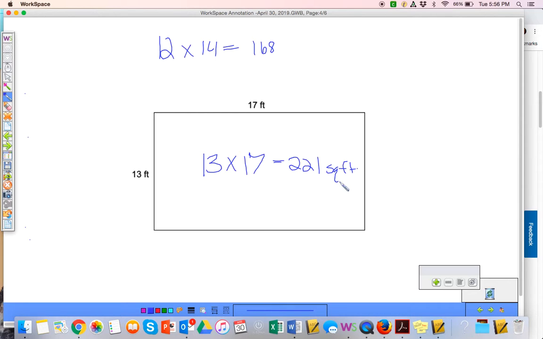So if I wanted to use that same laminate flooring, I would do the 168 divided by 17, because one box of flooring covers 17 square feet. So 168 divided by 17 is 9.9 rounded. And so that would mean that we would have to round up and we would have to buy 10 boxes of flooring if that were the room size.